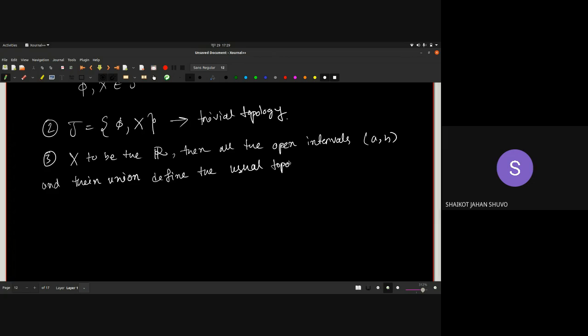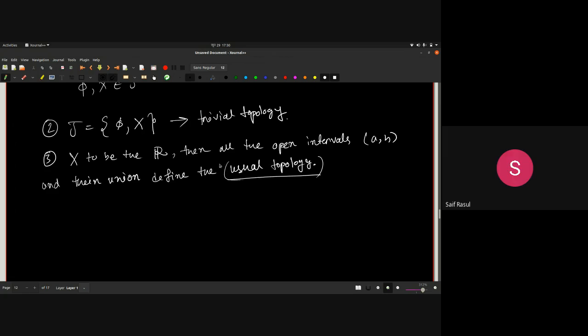These are just names, okay? By this condition, you can prove that this X, which we are identifying as the real line with open intervals and their unions, satisfies the three requirements to be a topological space. This type of topology is called the usual topology.